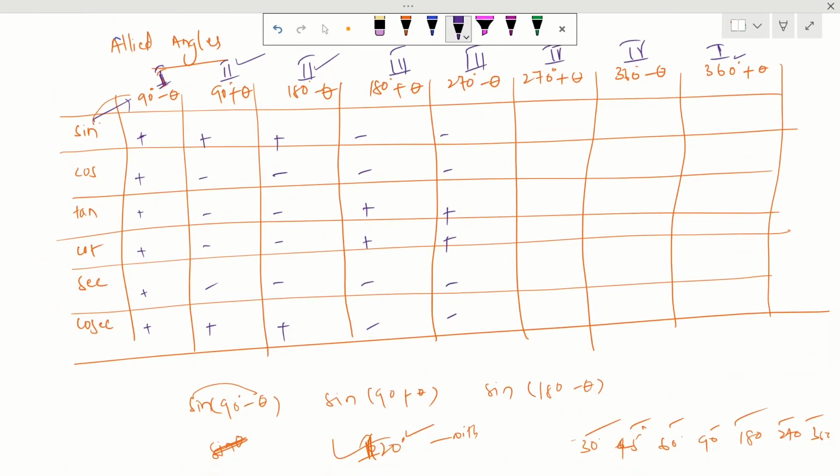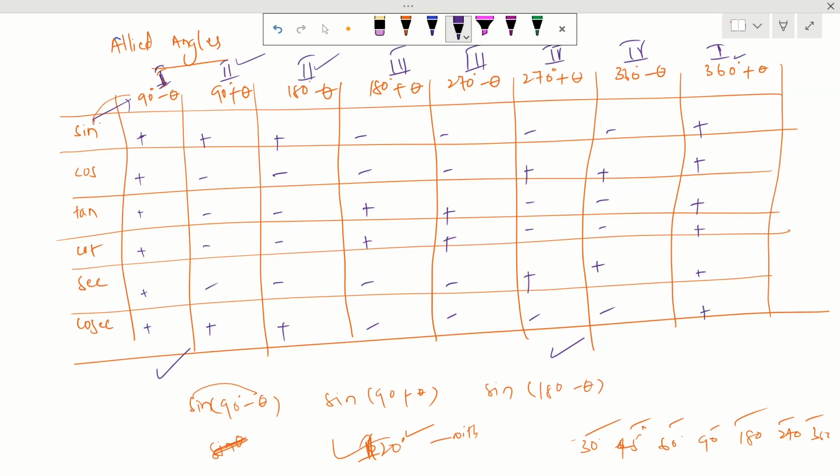This is also the fourth quadrant, so I write the same notations from this table: cos theta and secant theta are positive and remaining are negative. And this is the first quadrant, where all values are positive.